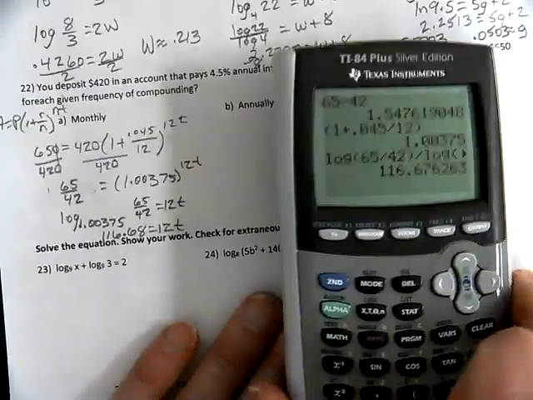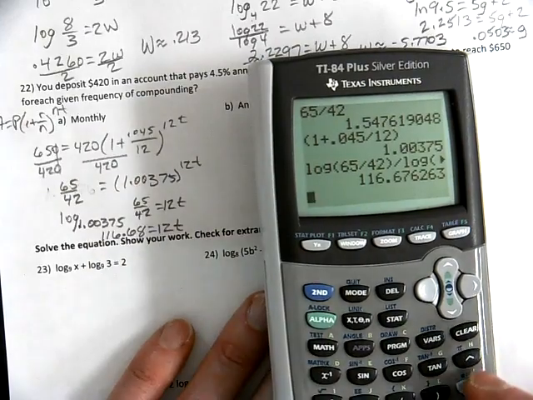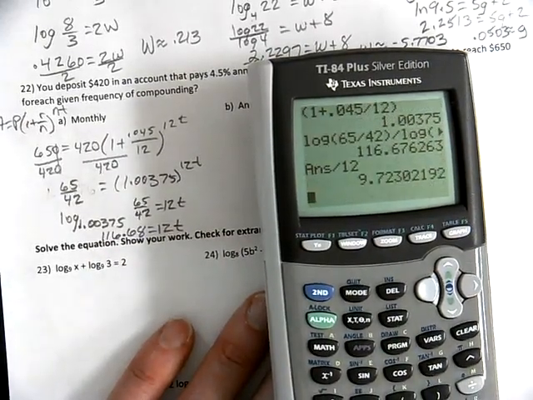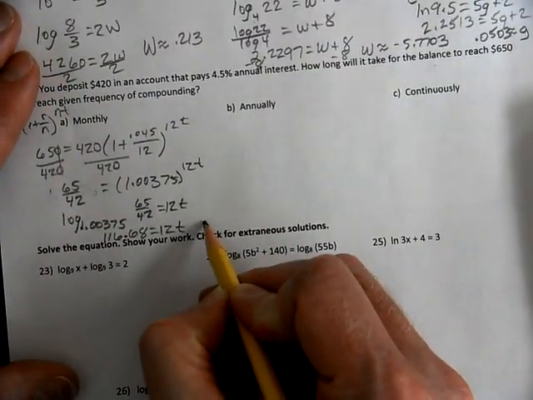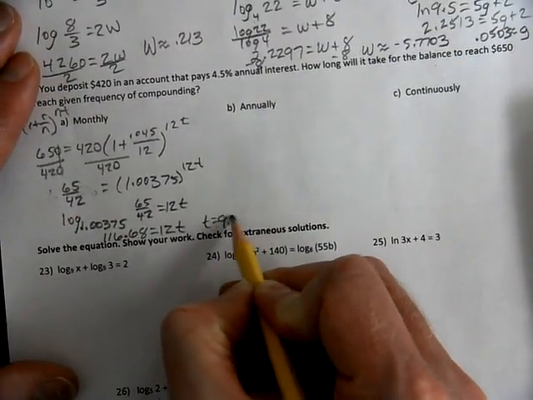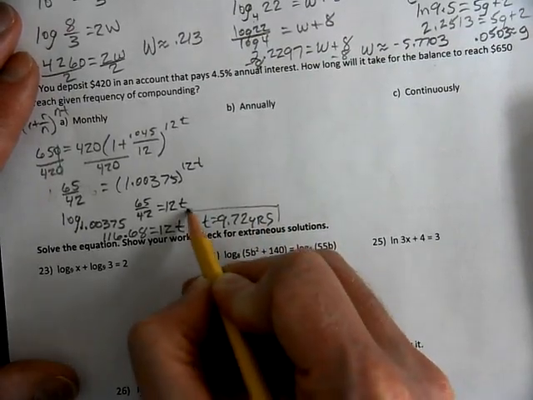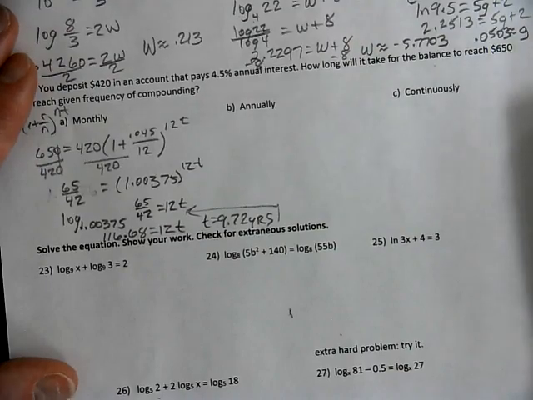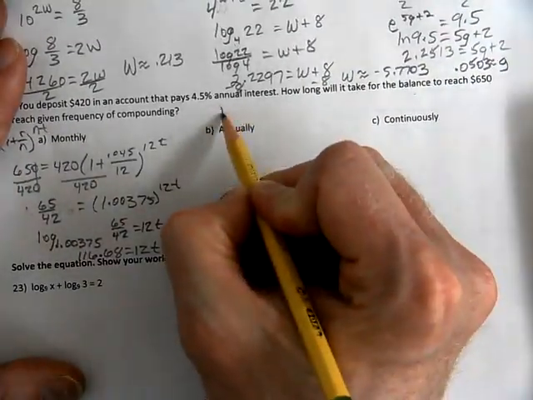And we're going to divide that by t, well, actually by 12 to get t by itself. And that gives us 9.72. That is 9.72 years.